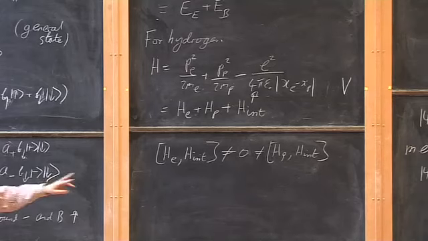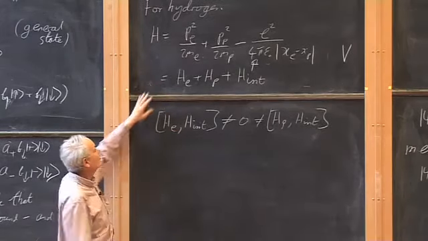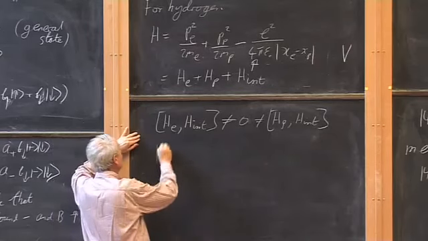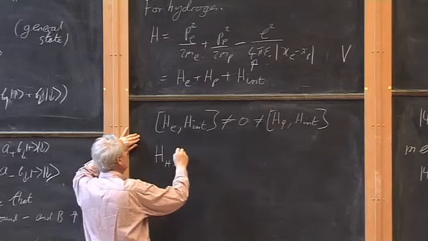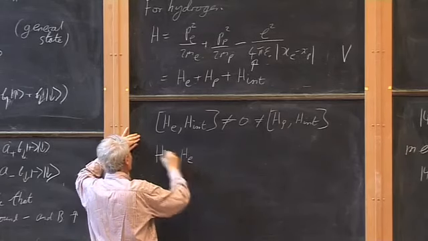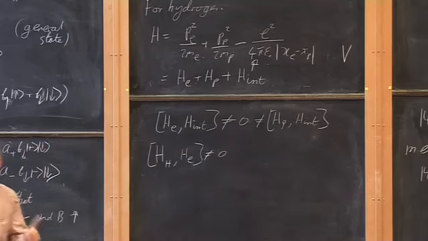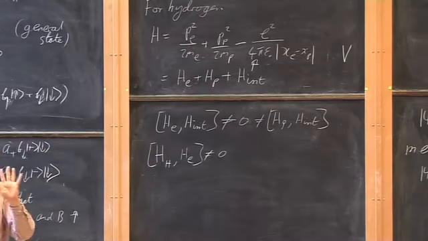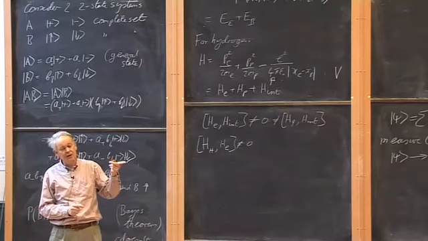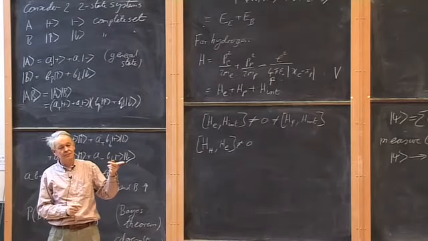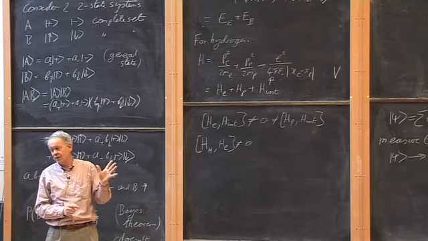So what's the important point about this is that the Hamiltonian of the hydrogen atom does not commute with the Hamiltonians of the electron and the proton. You cannot know the energy, so generically you do not expect to be able to know the energy of the hydrogen atom if you know the energy of the electron, because they don't commute. And it's the interaction that stops them commuting.